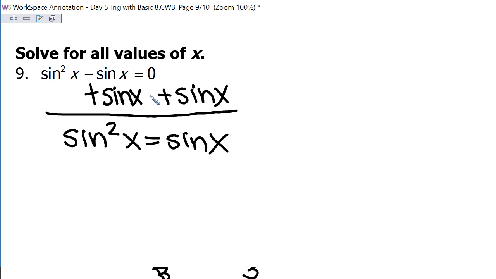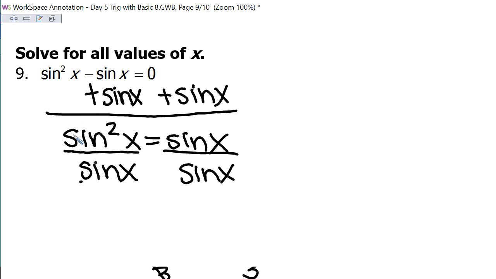What's next? Divide both sides by sine of x. Sine of x in the denominator will cancel one factor in the numerator. So that leaves us with sine of x is equal to 1.